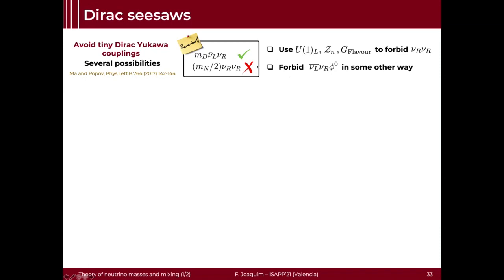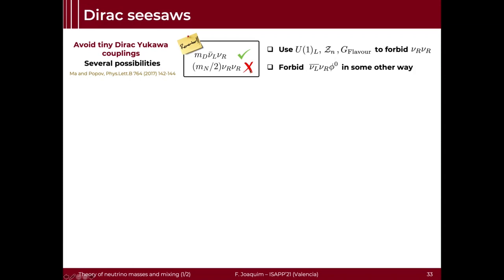So first, I want to forbid this term, and I also want to forbid this term at tree level. Because otherwise, if this couples, for instance, with the Higgs of the standard model to give these very small masses, I will need very small Yukawa couplings, and I want to avoid that.